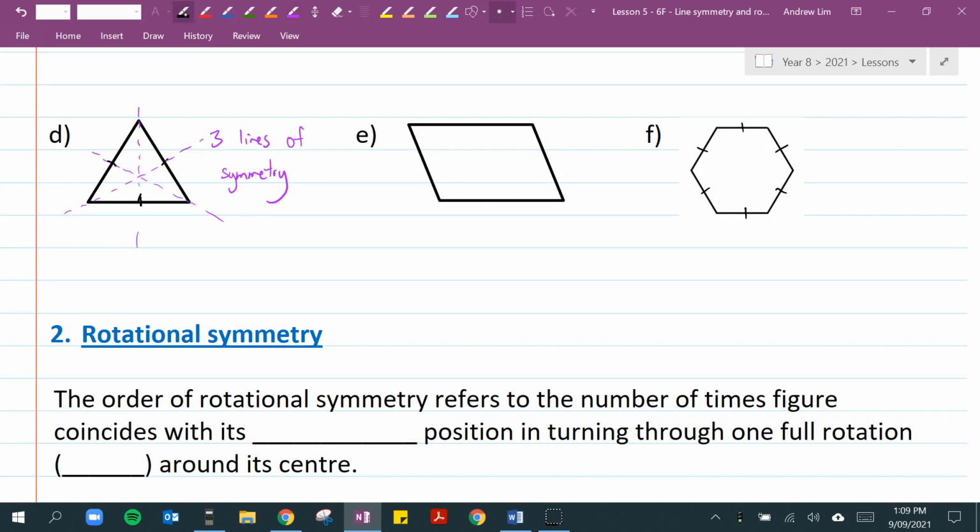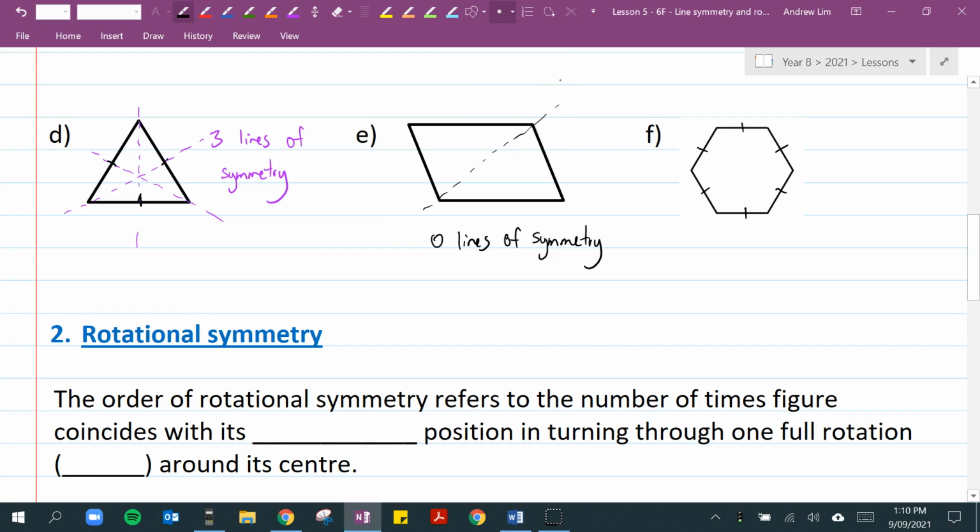Question E, however, has zero lines of symmetry, because there is nowhere we can actually draw an axis of symmetry where it will fold completely in half. So you might have thought, what if we drew a line like this?